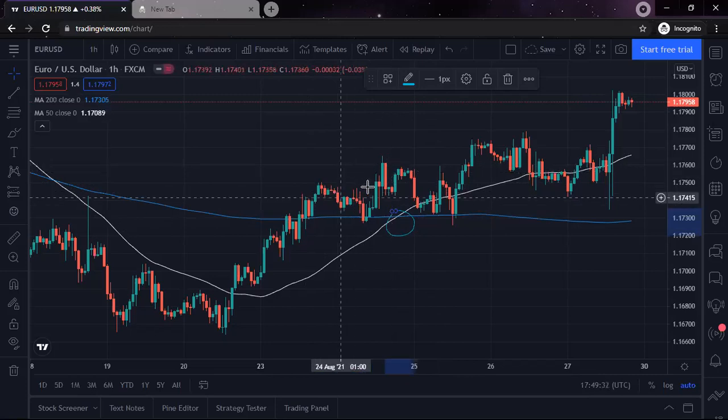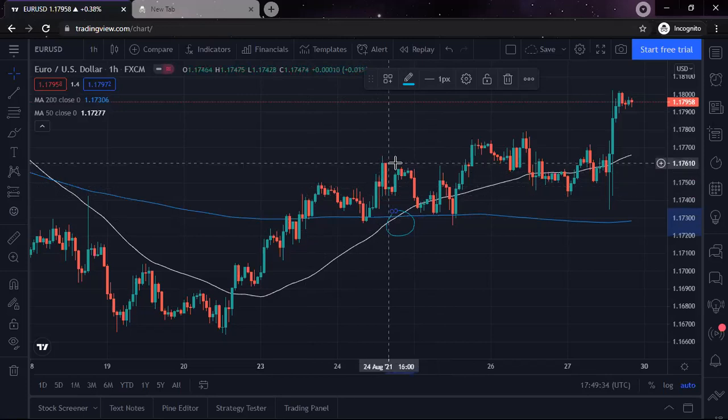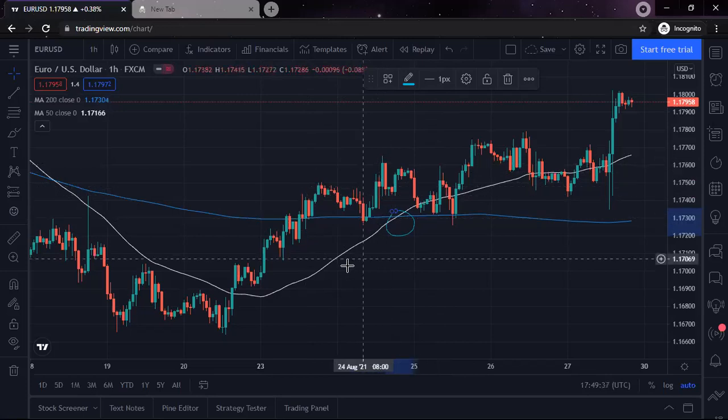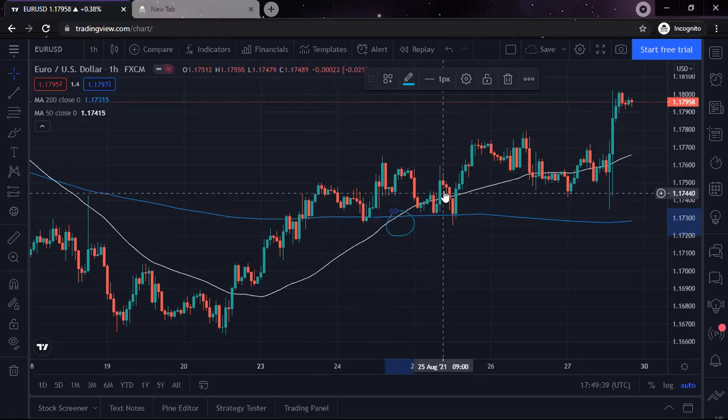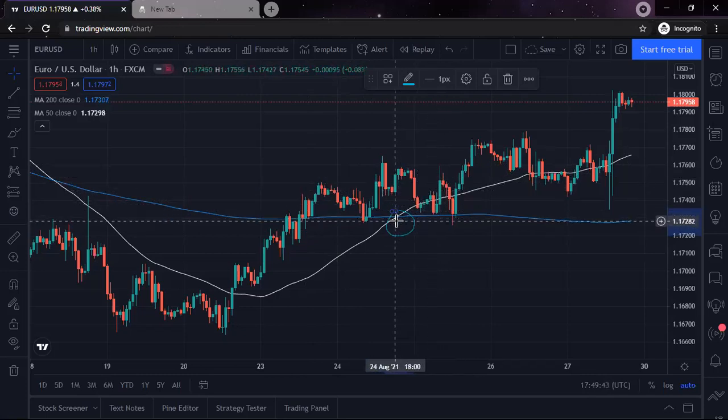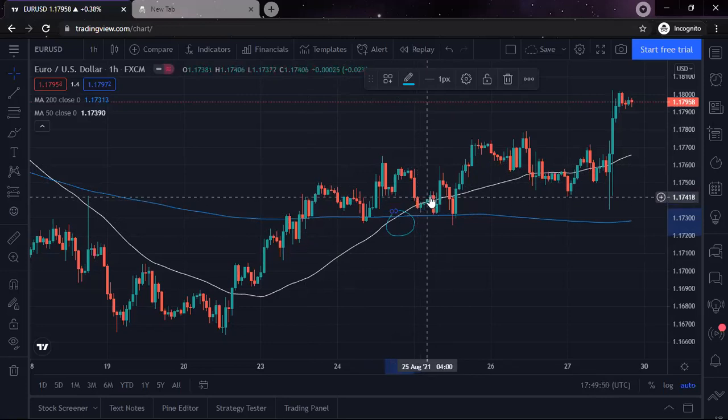Do you get it? When prices are closing above the 200 moving average, uptrend. You wait for the 50 moving average to cross the 200 above. Then the 50 crossed over here. You just wait for the retracement, and then you enter a buy.